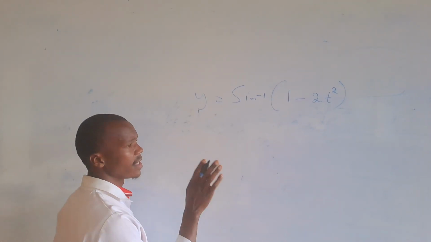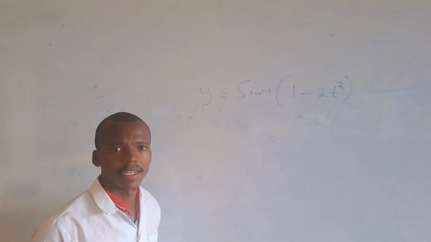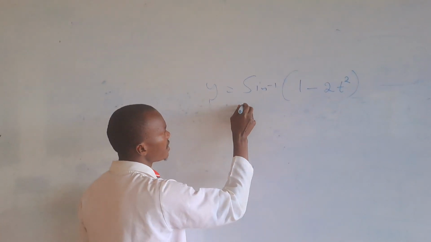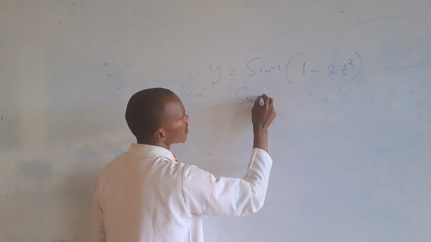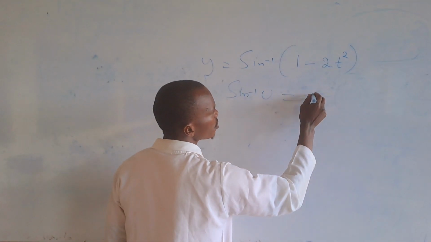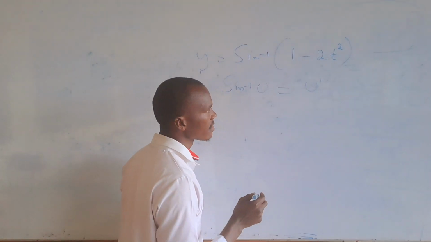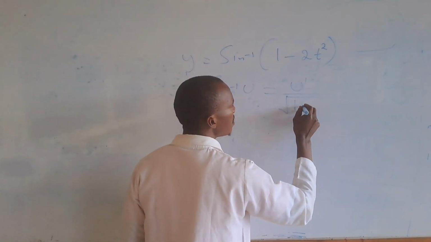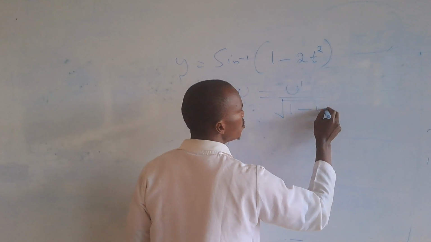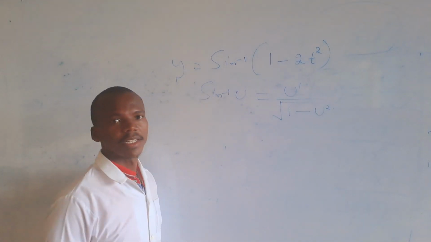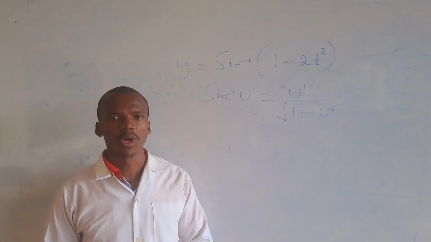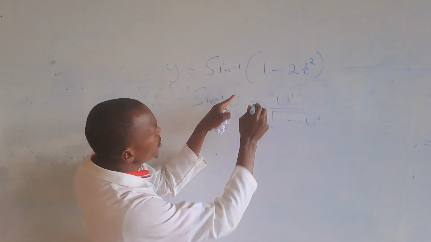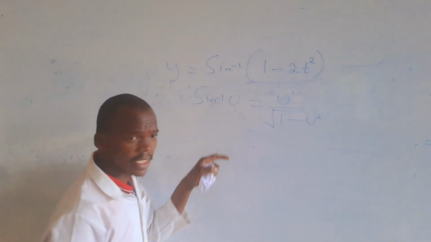What I want you to understand is that the derivative of sine inverse of u is always equal to u prime, that is the derivative of u, over the square root of 1 minus u squared. In this case, our u is this one. So that is our u.